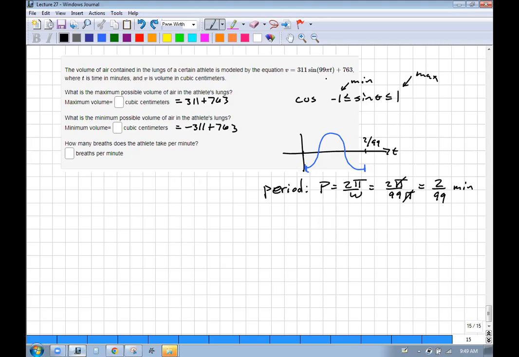Omega is 99 pi. This is just a really small number, right? That you have to be breathing really fast, right? Let's see. 2 divided by 99. This is approximately 0.02 minutes. That's a very short time for a whole breath.